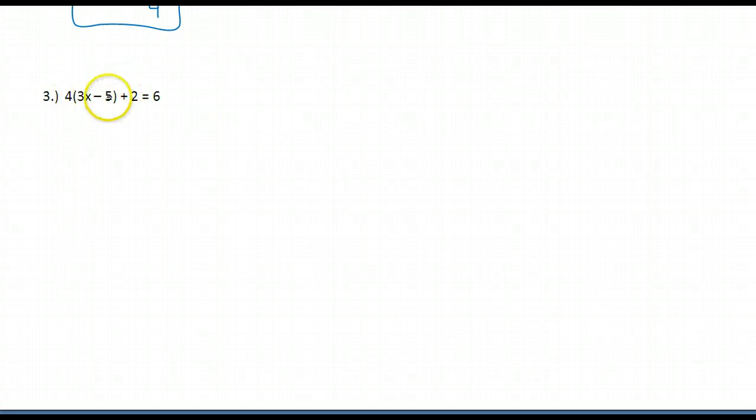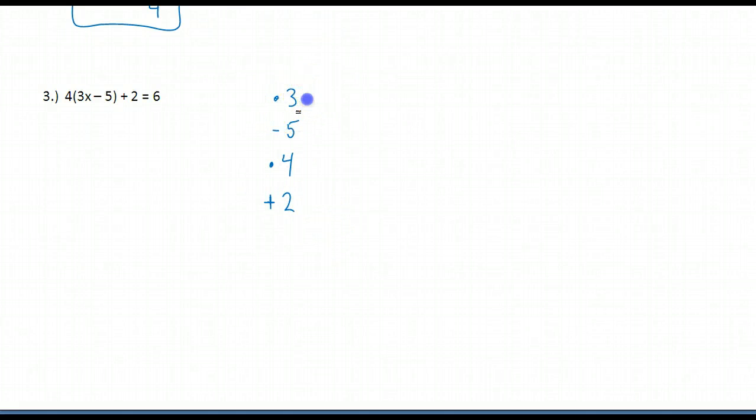If I look at the things that are affecting x, this 3 is being multiplied. This 5 is being subtracted. This 4 is also being multiplied, and this 2 is being added. So these 4 numbers are affecting x with these 4 operations.